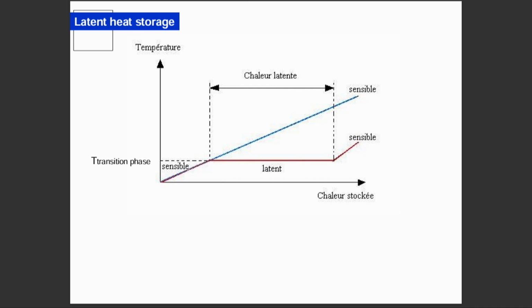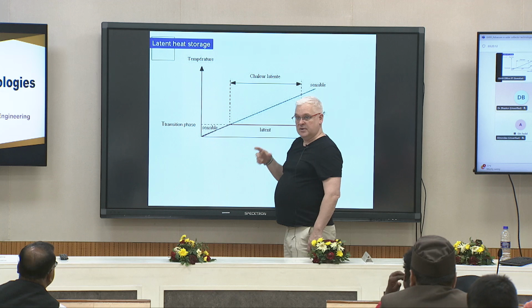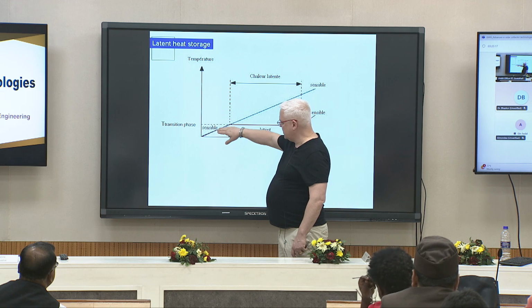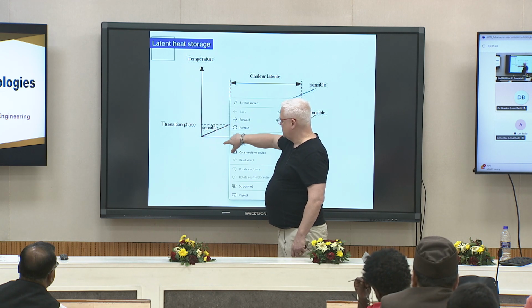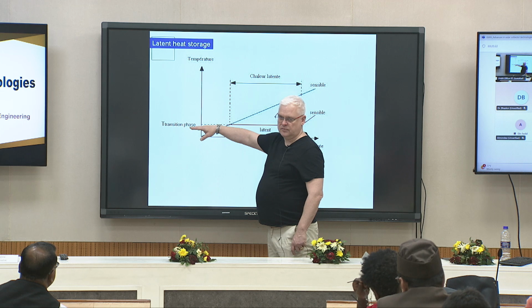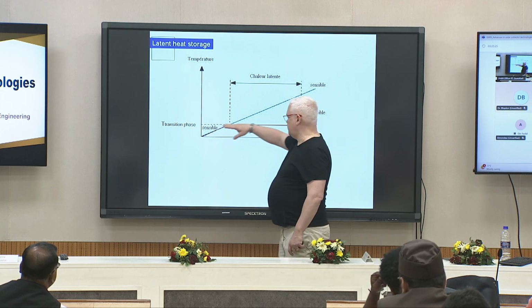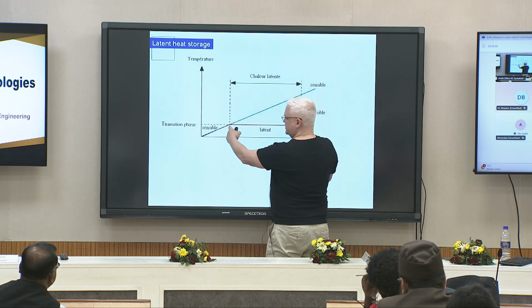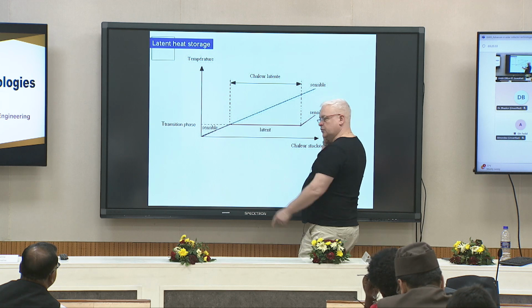Now, regarding latent heat, as I told you, the temperature here, the energy which is stored is linear when it is sensible heat. When it is not sensible, when it is latent, you start to heat, to inject energy, at a certain temperature, the phase change temperature. You have a big shift, a big gap, which is related to the latent heat of the phase change, okay?